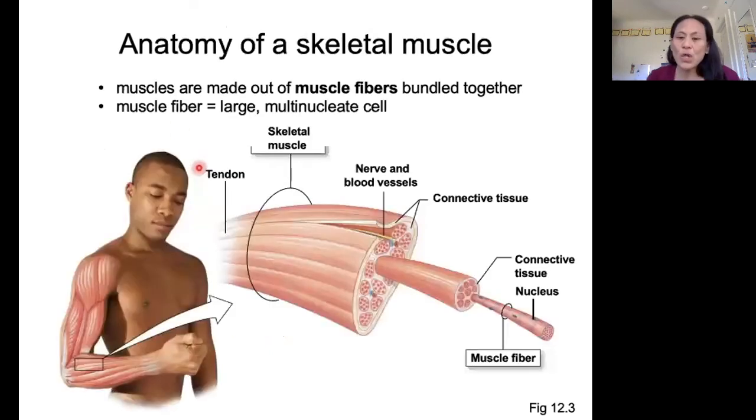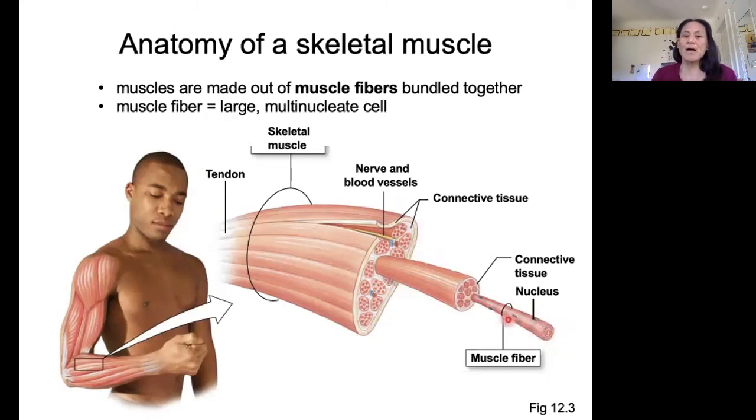Okay, so let's take a closer look at skeletal muscle and its structure. Okay. A skeletal muscle is basically kind of this bundle of more bundles. The kind of basic unit that's in a skeletal muscle is the muscle fiber.